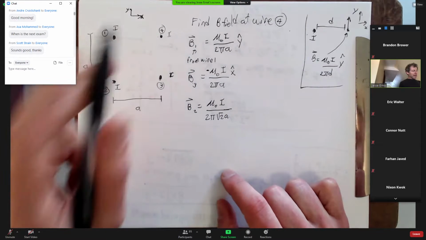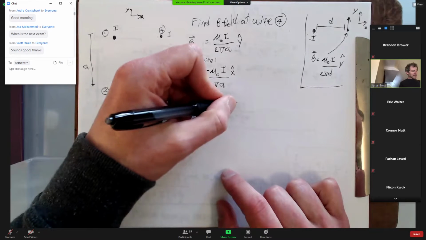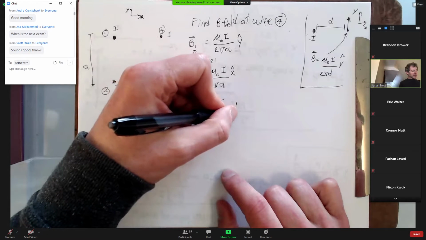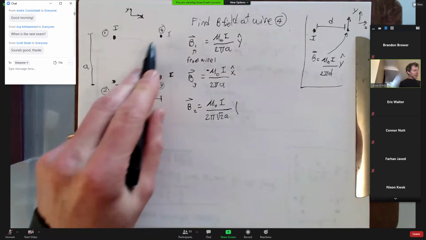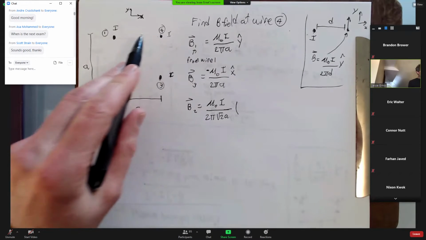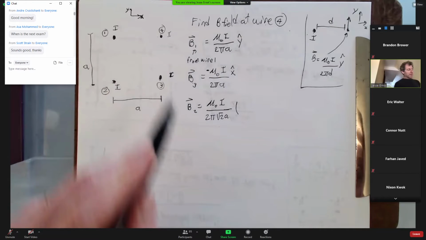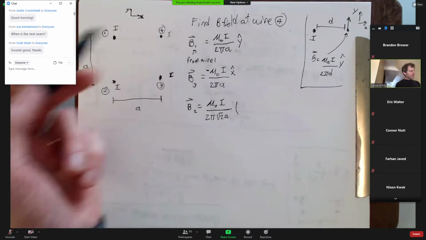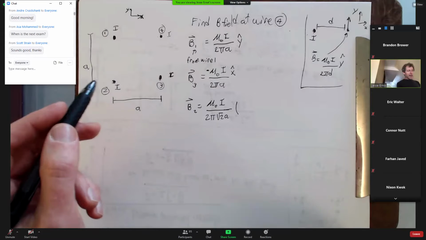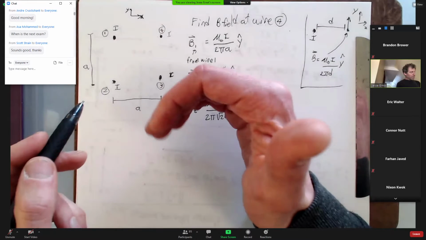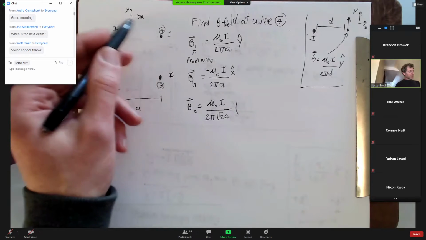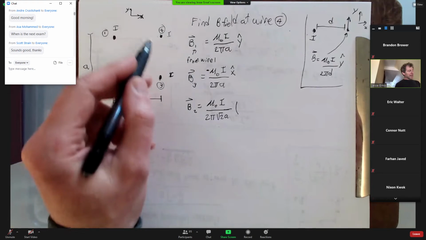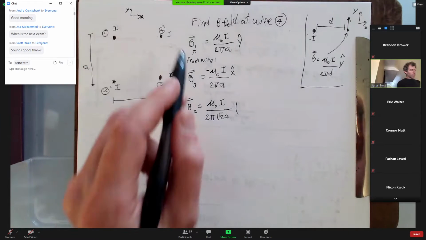This is the size of the B field here from that. And now you've got to multiply this by a vector of length 1, but it's not x hat or y hat. So first use the right hand trick to figure out in your head what direction the B field goes here from that, and then write that direction as a vector of length 1.